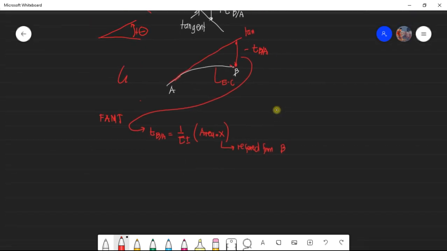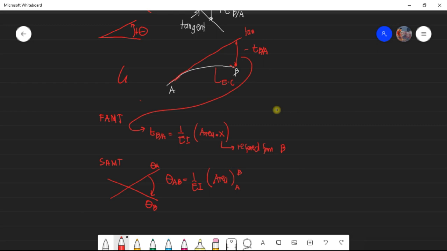The second area moment theorem states that the change in slope. So let's say we have two tangent lines, with slope A and slope B. The change in slope between these two points, AB, is equal to 1 over EI multiplied by the area between these two points, so from A to B, the area of the moment diagram.